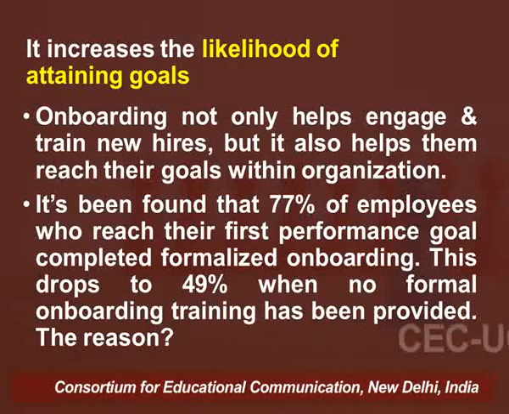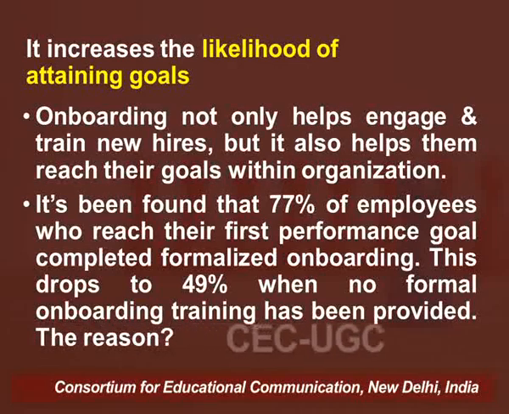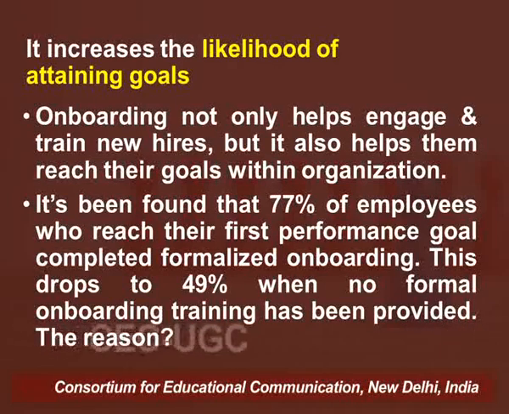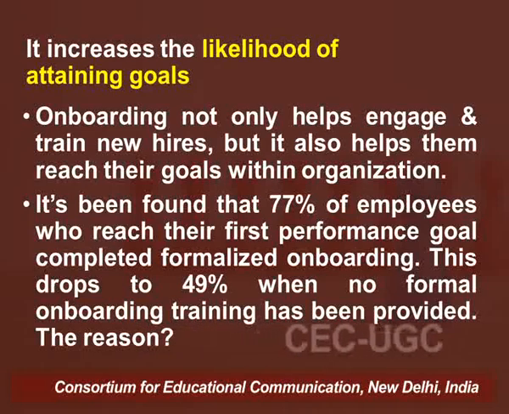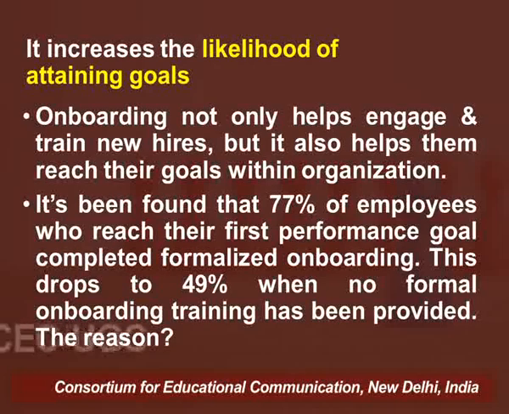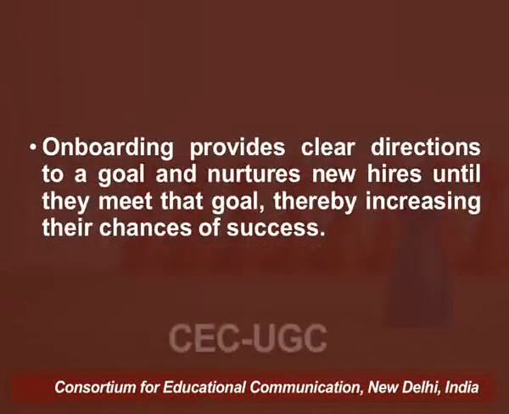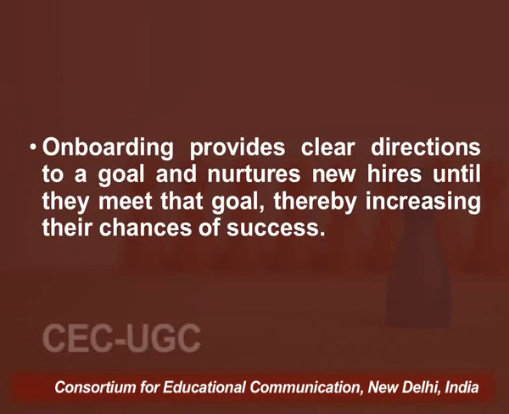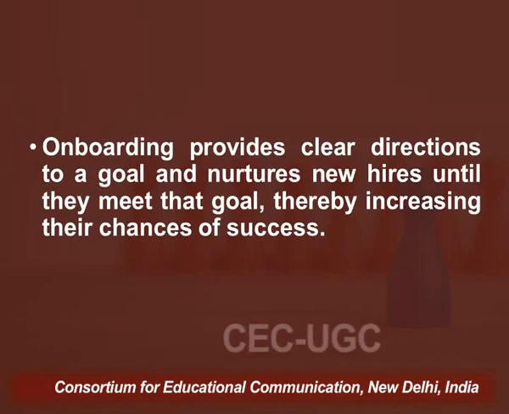So these are very significant figures: 77% of employees reach their performance goal when they have a formalized, effective onboarding, but if there has been no formal onboarding training, the performance drops to 49%. The reason behind this is that onboarding provides a clear direction to a goal and nurtures new hires until they meet that goal, thereby increasing their chances of success.